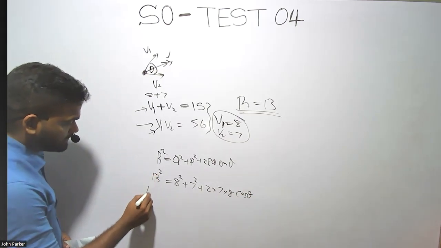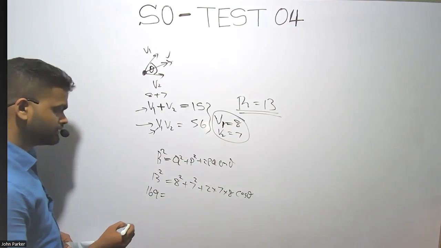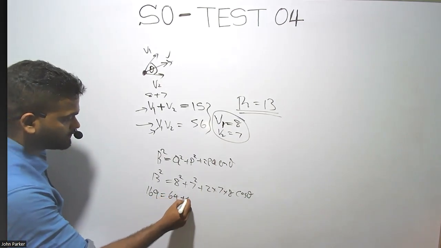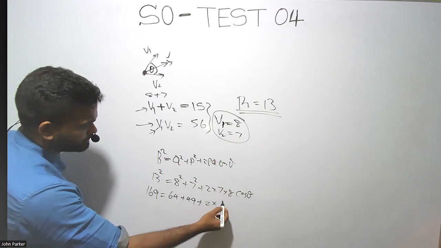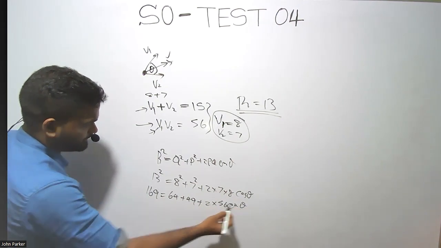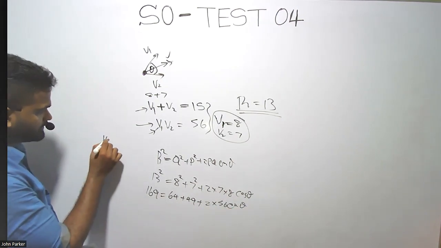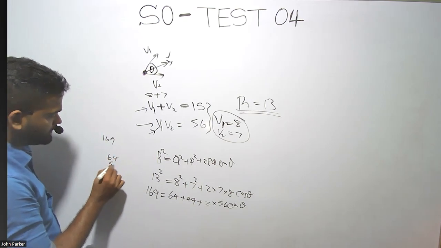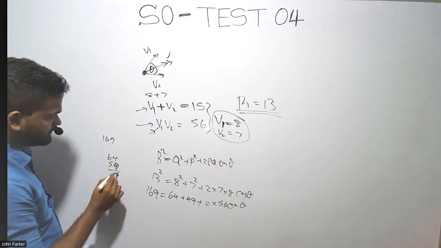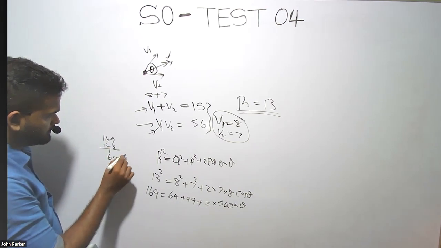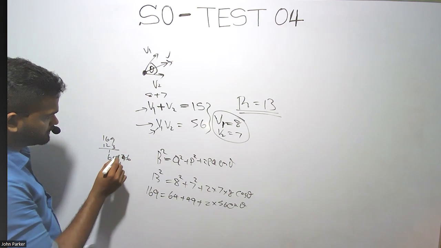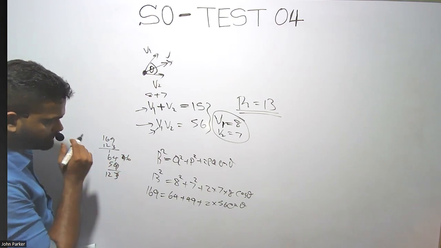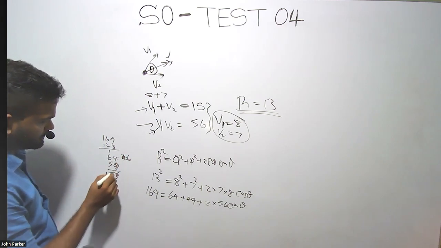So 13 squared is 169, 64, 49. This is 56 times 2 cos theta.